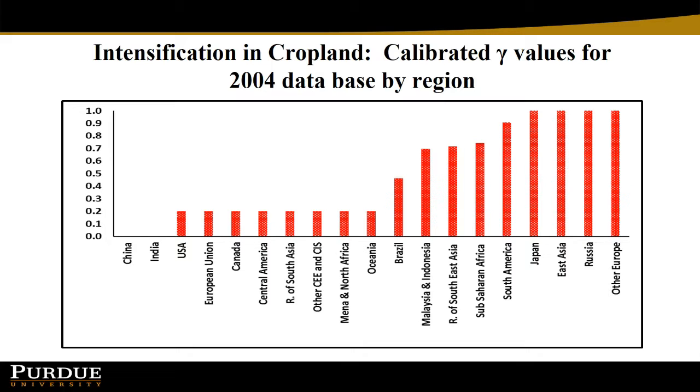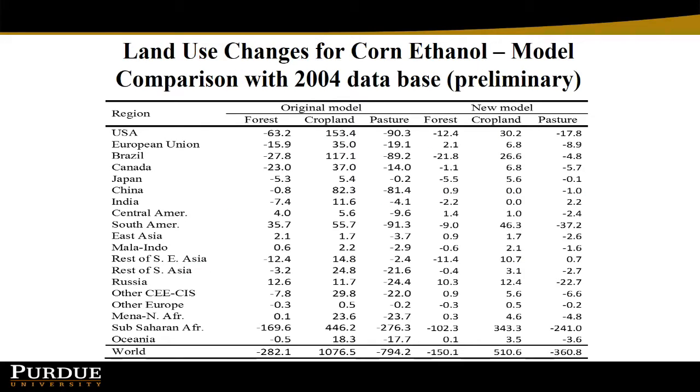What happens in the real world? You can see that gamma, when gamma is 0, like China, any expansion in harvested area does not convert to expansion in cropland. But in a country like Malaysia or Brazil, a portion of that will be converted to cropland. And in some countries, all of the changes will convert to cropland.